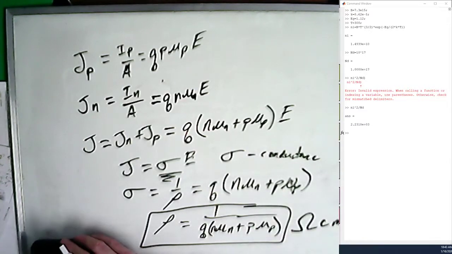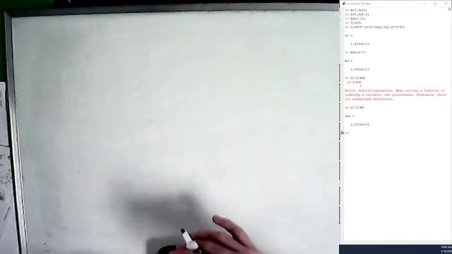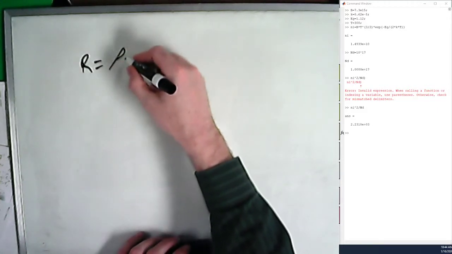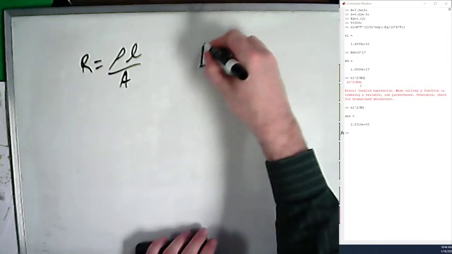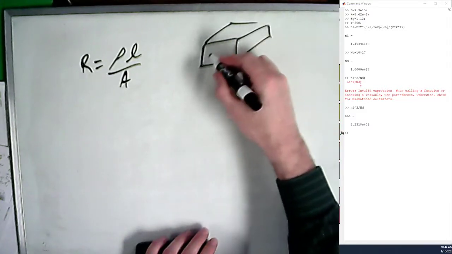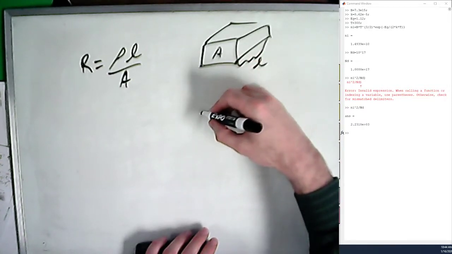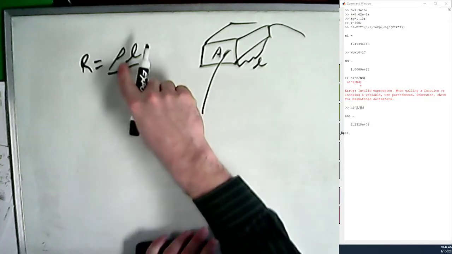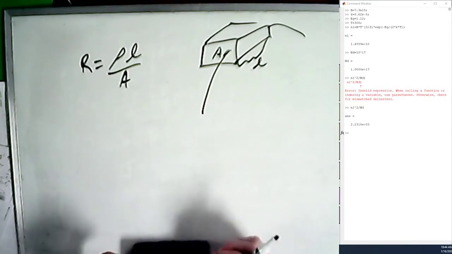So let's review resistivity. Resistance is equal to rho L over A. In other words, if I have a block of material, which I'll try to draw in 3 dimensions, with a cross section and a length, and I try to measure the resistance from one side to the other, I multiply the resistivity by the length and divide by the cross-sectional area, and I get resistance.